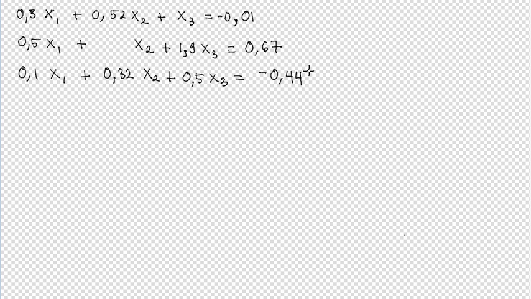Okay, these are my equations. And then how to find the solution of these equations? It means that I have to find x1, x2 and x3 which are correct in all equations by using Cramer's rule.